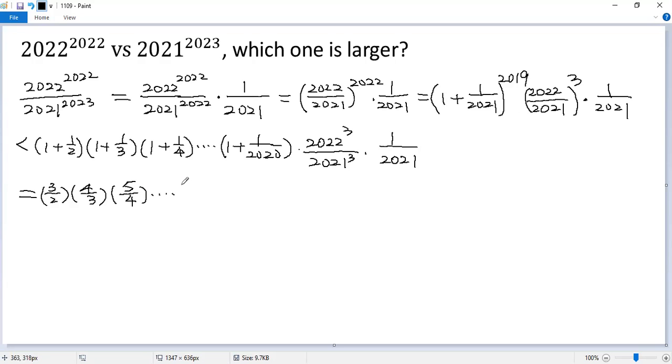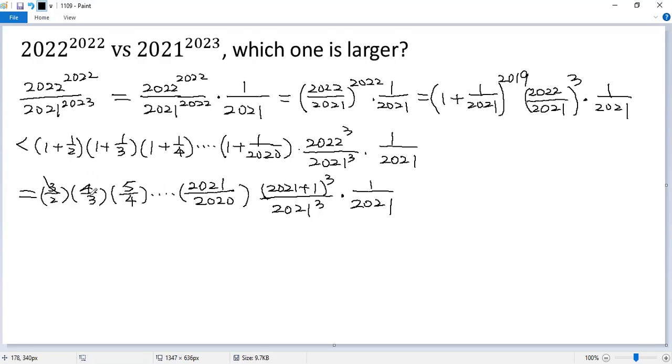Keep going this way. The 2019th factor should be 2021 over 2020. And here we can write as 2021 plus 1 to the power of 3, the bottom, 2021 cubed times 1 over 2021.